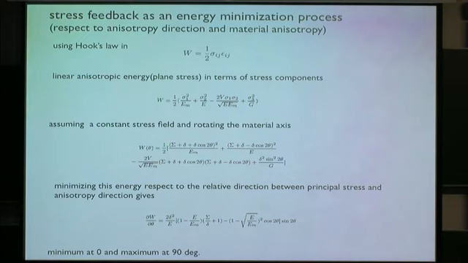Then by simply taking the derivative with respect to theta, the direction of anisotropy, we can see that there is a clear minimum for the energy at 0 for theta, and it has a maximum at 90 degrees. So if the material is anisotropic and the stress is also anisotropic, the minimum energy happens when these two are aligned.